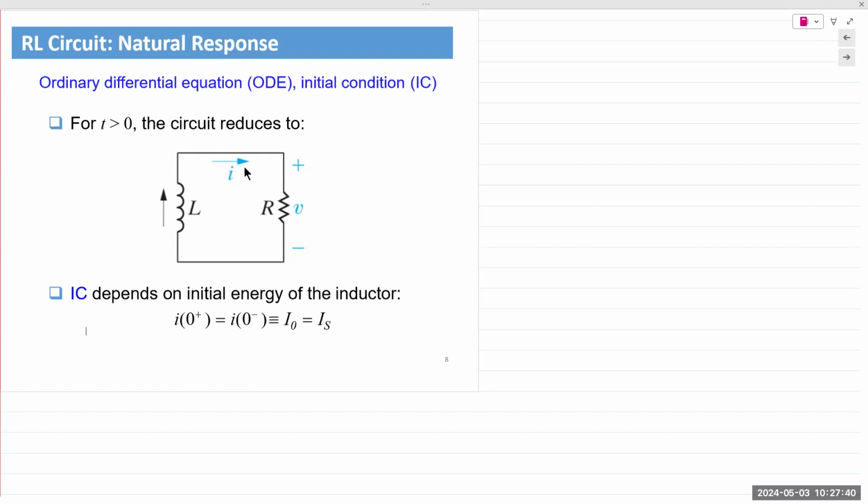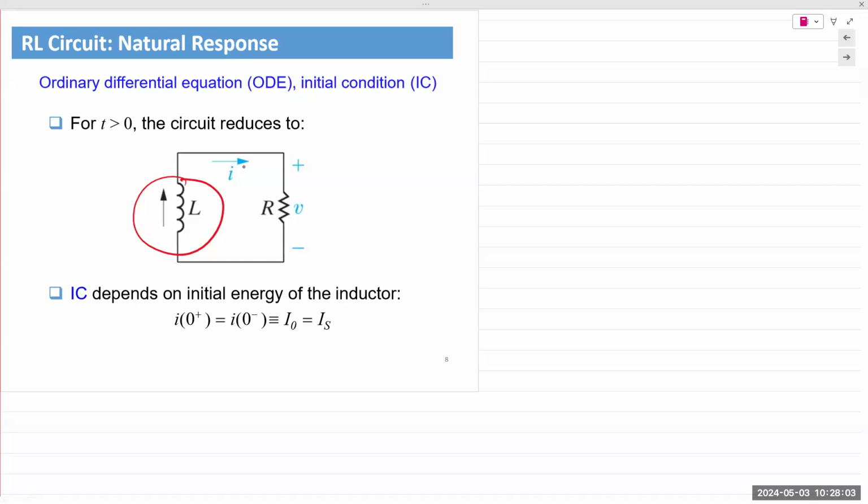Okay. We will go over the derivation, and then again, at the end, you will see how that one single equation applies to all. So the initial condition of the inductor depends on the energy that was present in the inductor right before the switch is flipped.